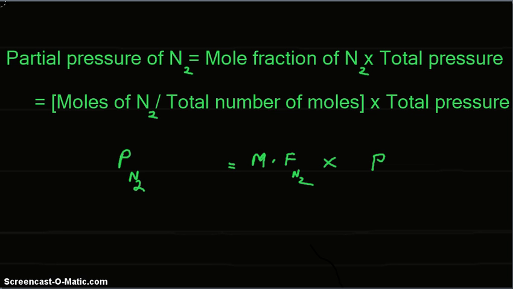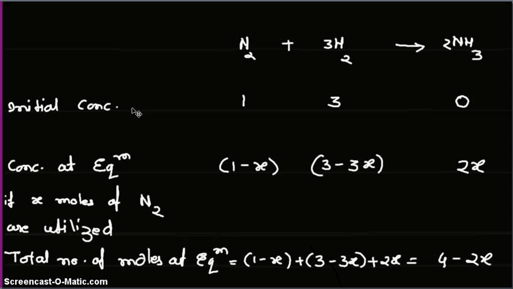We proceed by writing the ICE chart. Let me explain this chart. This shows the concentration at different stages: initial concentration, then at equilibrium. Now this process is reversible. In the beginning, in Haber's process, nitrogen and hydrogen are present.